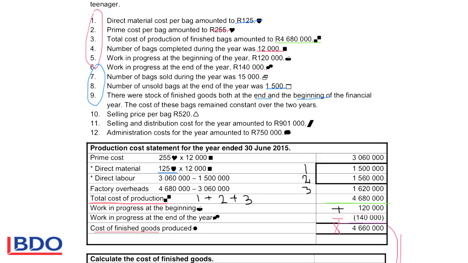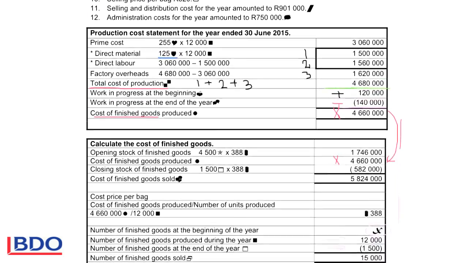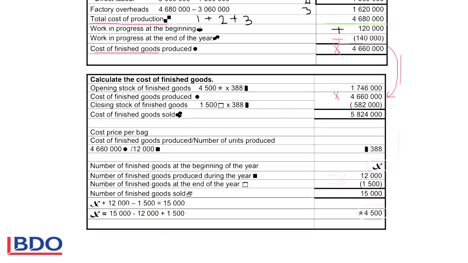If we look at the number of articles that was produced during the current year, they give us the information and they say the number of bags completed during the current year was 12,000 bags. So if I want to calculate the cost per bag, I can say this total cost that we had, the 4,660, divided by the 12,000 that was made during the year.